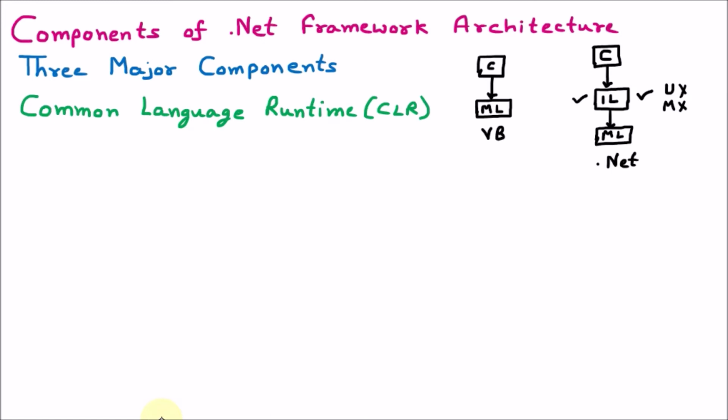So we can say that this CLR is similar to the JVM of Java. The bytecode is very much secure and nobody can read it. We can send this code from client to server, and we can run this bytecode on the JVM, that is the Java Virtual Machine.